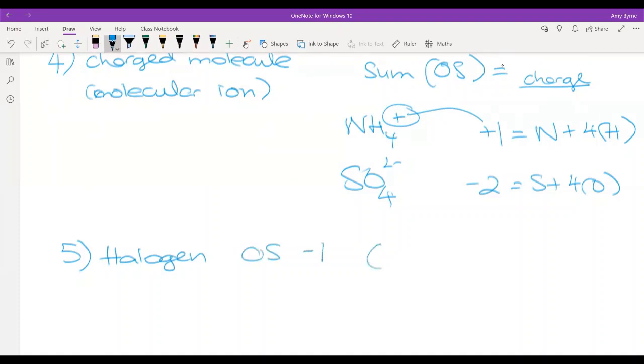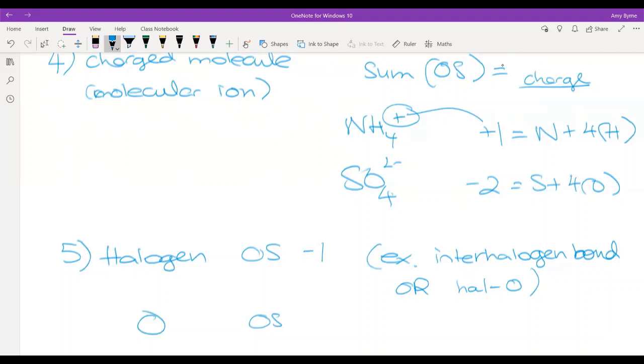My exceptions are when you're looking at an interhalogen bond, so two halogens bonded together, or if you're looking at a halogen bonded to oxygen. Those are pretty much when you will see a halogen that is not a -1 charge.